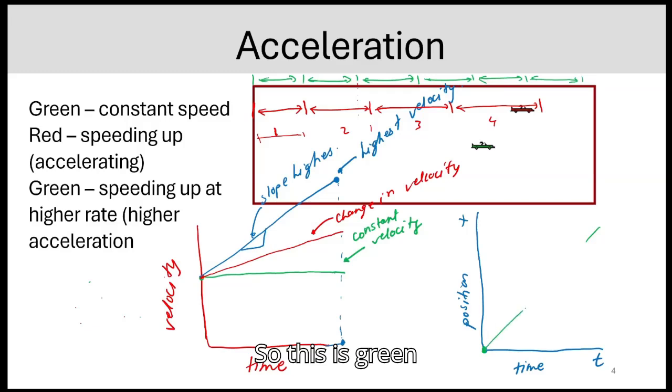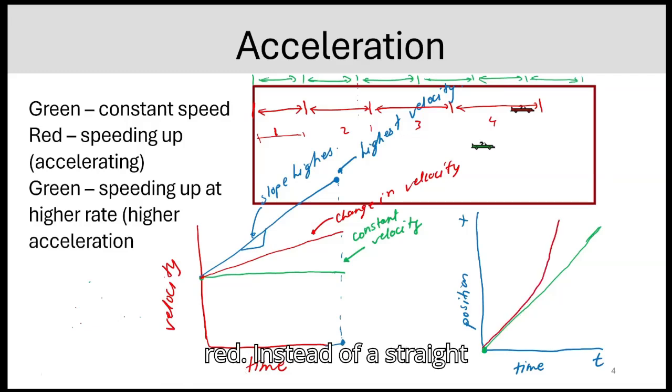So this is green and this is red. Instead of a straight line we have a curve, and for the blue car, for the same period of time it increases rapidly.